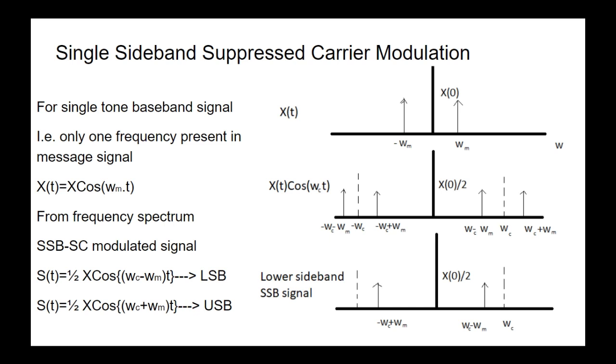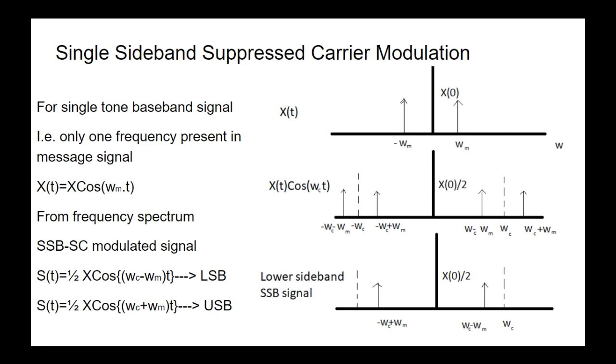So from the frequency domain, we can conclude the mathematical formula of the single sideband suppressed carrier modulated signal. We can define s(t) = 1/2 x cos (ω_c minus ω_m) t. That is for the lower sideband modulated signal.